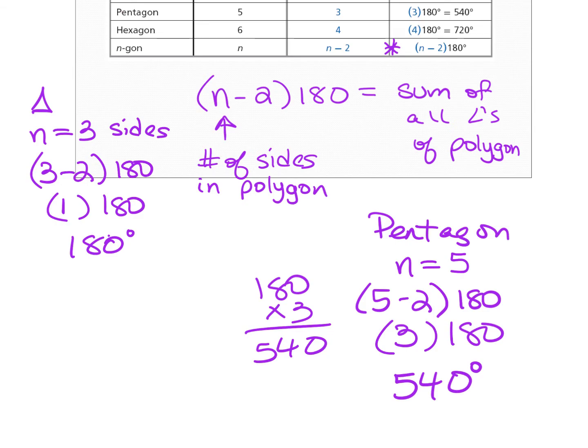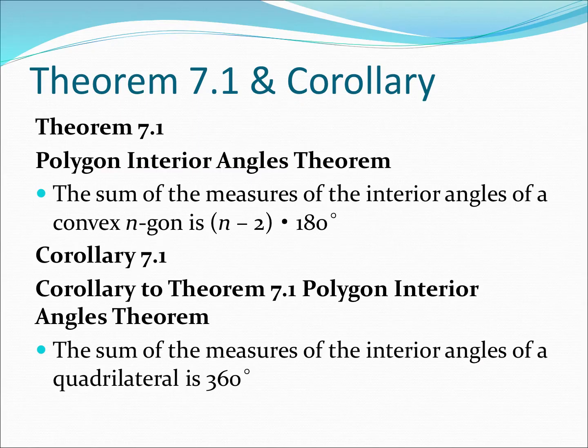Okay, now the next slide actually has the formula officially presented as a theorem. The polygon interior angles theorem is telling us the formula. The sum of the measures of the interior angles of a convex polygon is always going to be n minus 2 times 180.